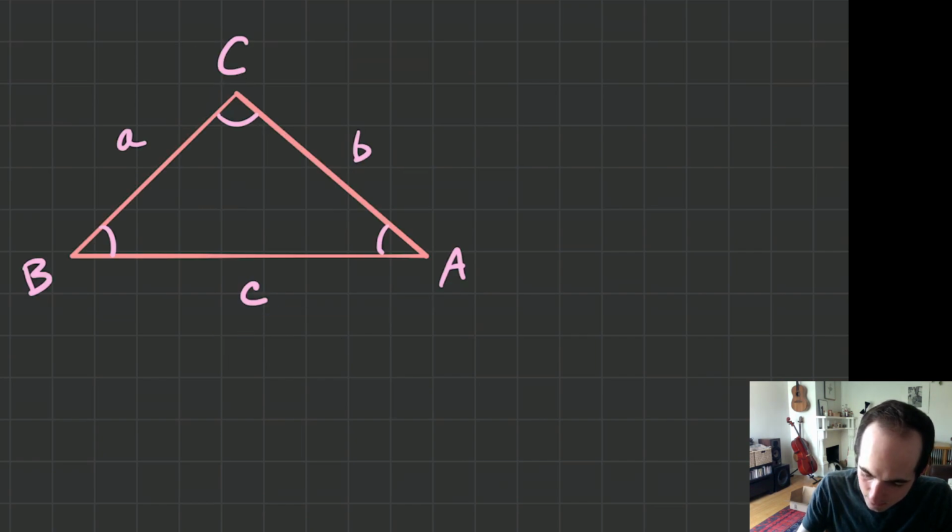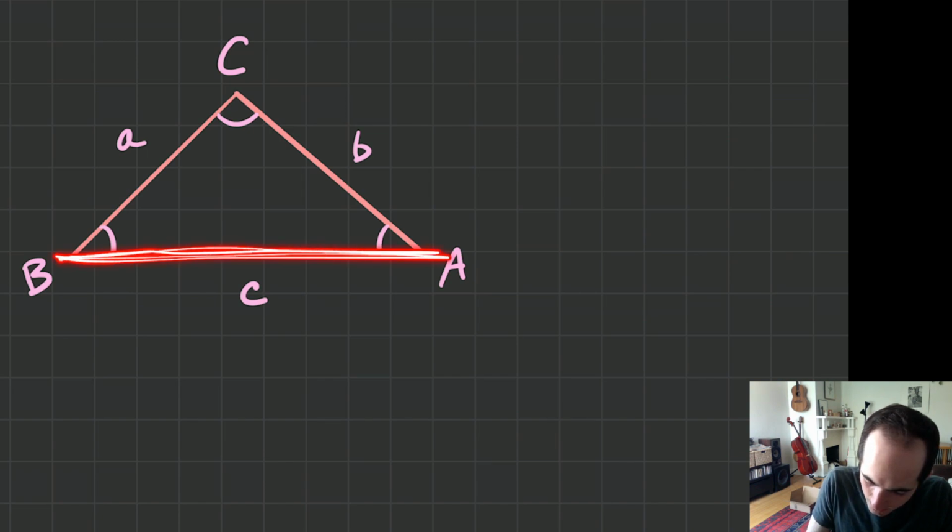In fact, there was nothing about the base that makes it the base. This could easily just be the base. This could be the base as well. So when you're deciding on the height of a triangle, you have to be cognizant of the base that you're choosing. If this is our base right here, that means the height is going to be the length of this line right here.